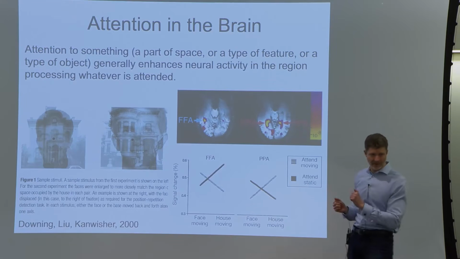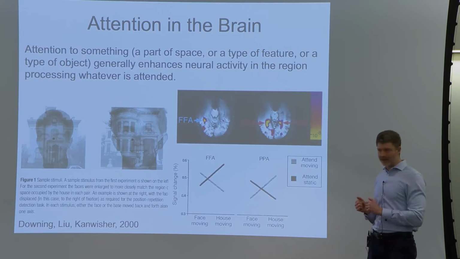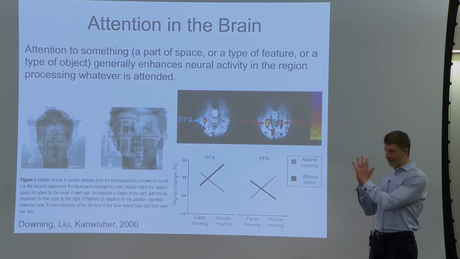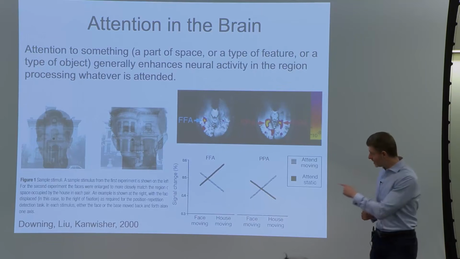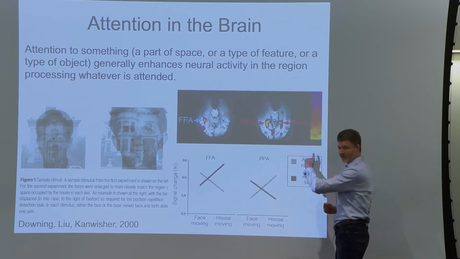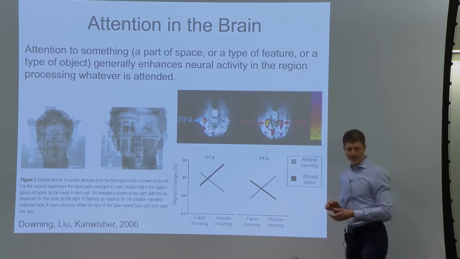That's what's interesting about this. You can select one of these two things, even though they're at the same spatial location. And the response in the brain region that we believe represents that type of thing then gets boosted.